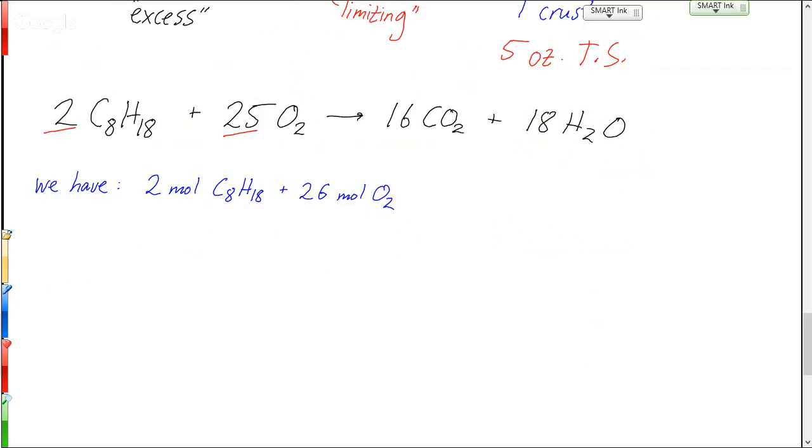So for every 2 moles of octane, we need 25 moles of oxygen. So if we have more than that amount of oxygen, then we have plenty, or an excess amount. But if we have less, that's going to limit how much we can use. So in this case, this one is limiting, and this one is in excess, because there's 26 moles. There's an extra mole of oxygen.